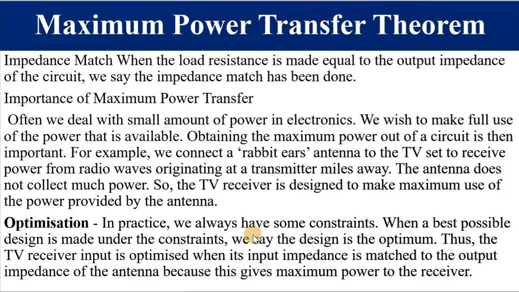So when the input impedance of the TV is matched to the impedance of the cable from the dish or from the antenna, we say we are going to have maximum power transfer to the load or to our TV receiver. If they are not the same, then we have got a mismatch and we won't have maximum power transfer to our TVs from the antenna.